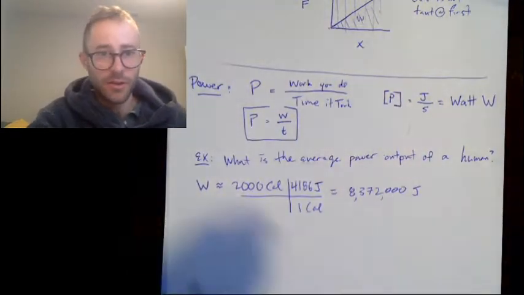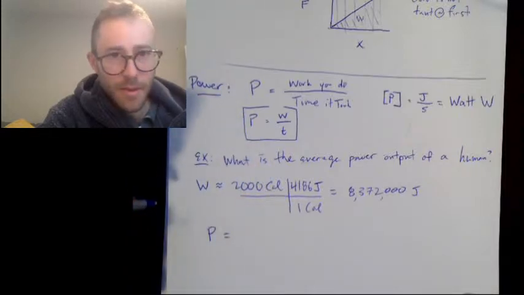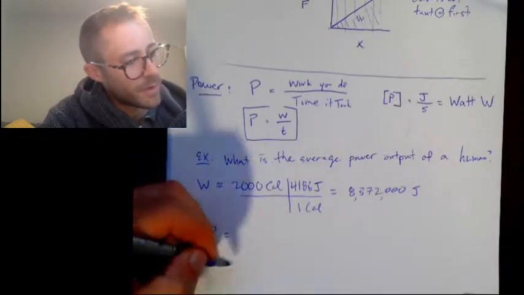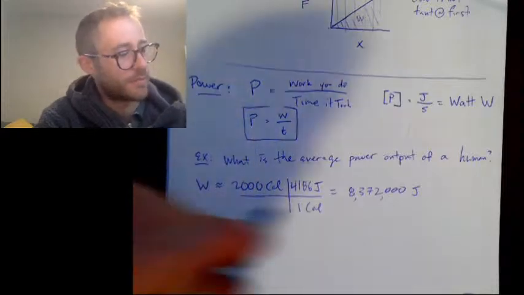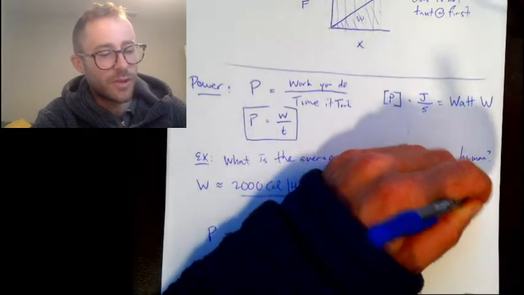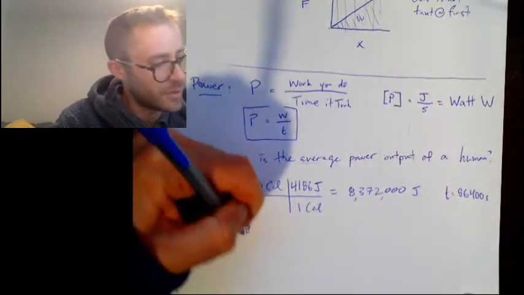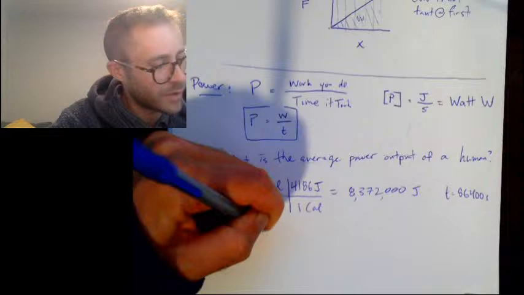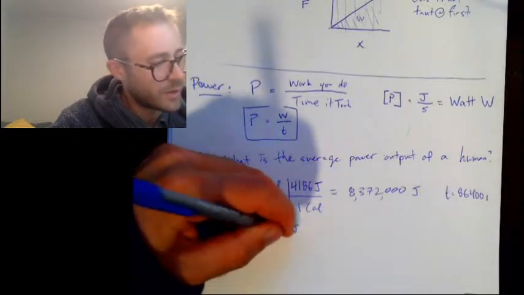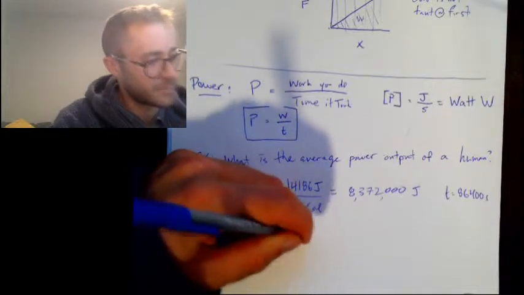Okay? Now you do that amount of work over a 24-hour period. So the time is 86,400 seconds. That's the number of seconds in a day. So we have 8,372,000 joules in 86,400 seconds.